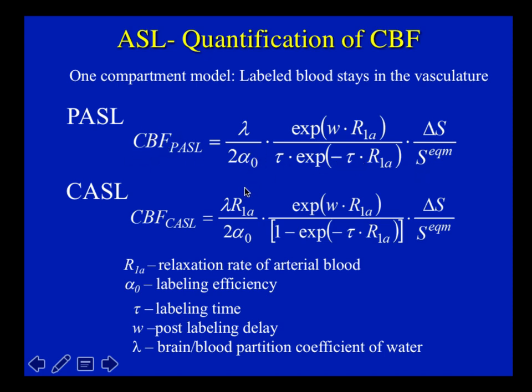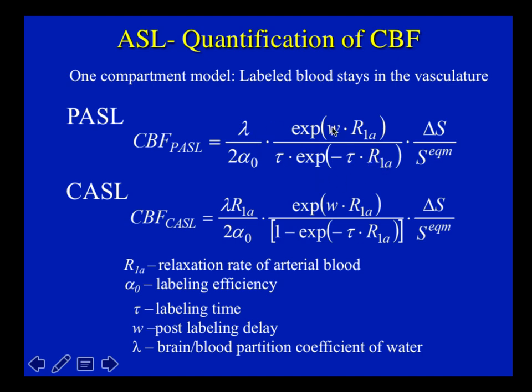The actual formula is slightly different depending on whether you are doing a pulsed ASL experiment or a continuous ASL experiment. Here, delta S is the signal change between the control and the label images, and that difference signal is normalized by the equilibrium signal and is scaled by this factor on the left hand side.